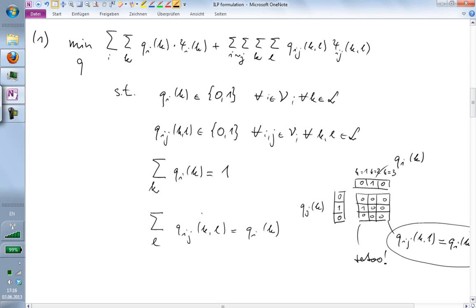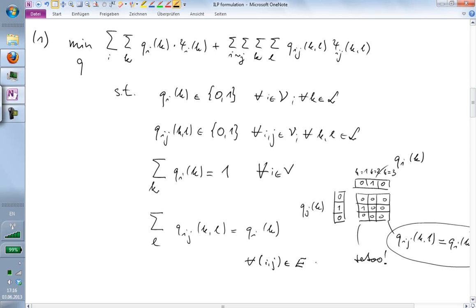And this is why I'm using this condition here, which says that whatever the pixels i and j, as long as they're in the set of edges E, this would hold for all pairs ij in the set of edges.